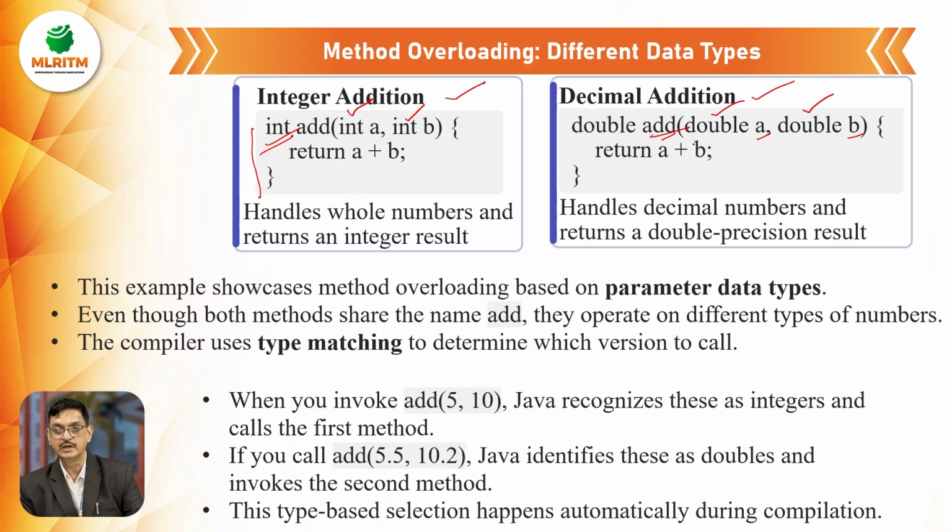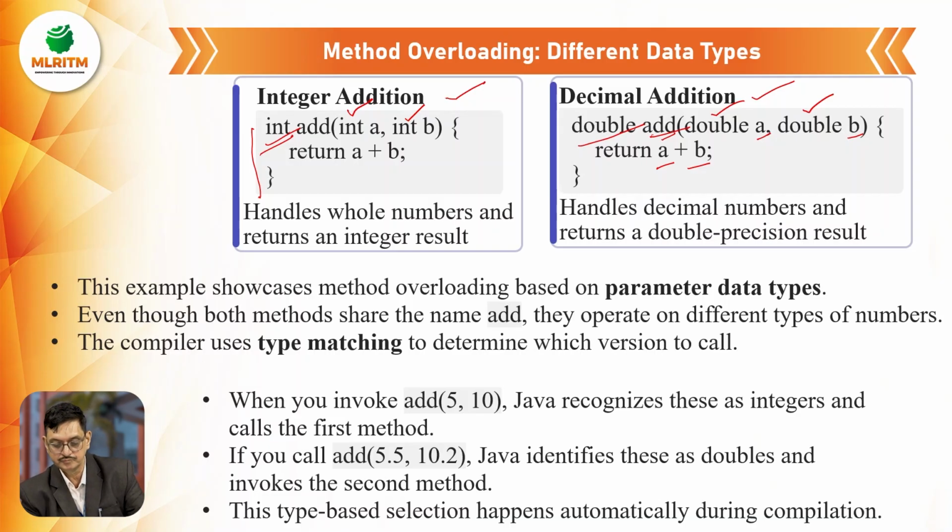We accommodate the double data type in order to perform addition of decimal numbers. So when we add these two arguments A and B, it returns a result in the form of the double data type, that means decimal type.